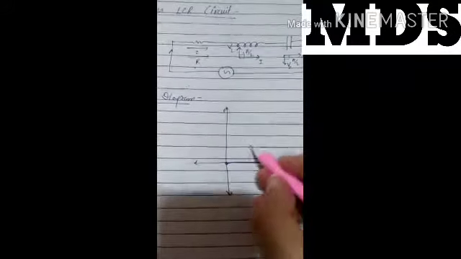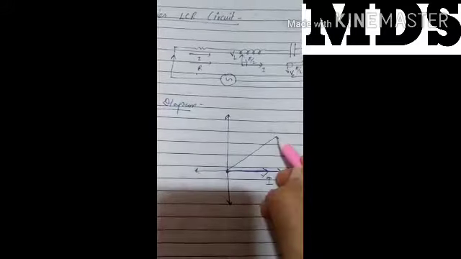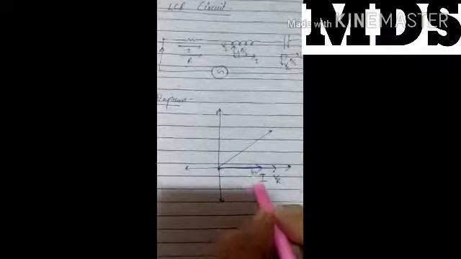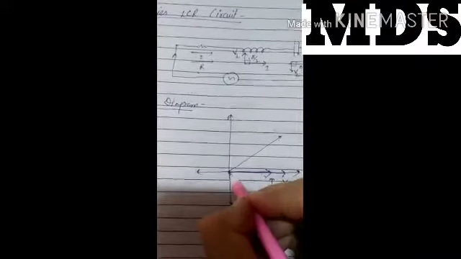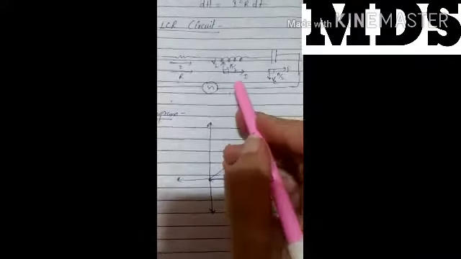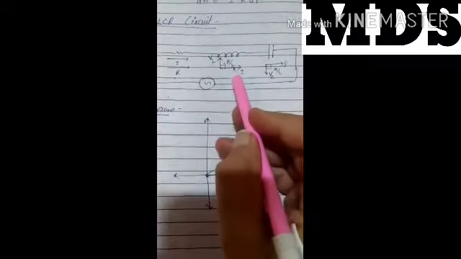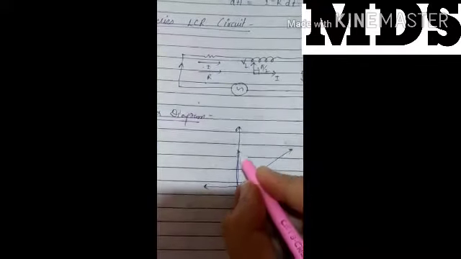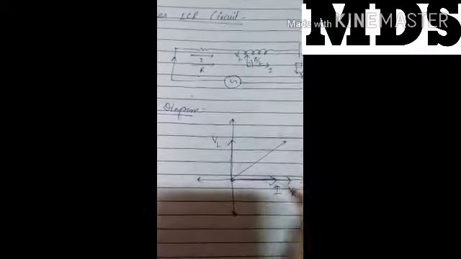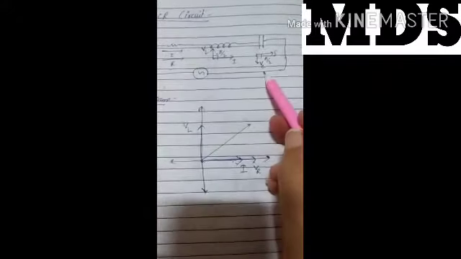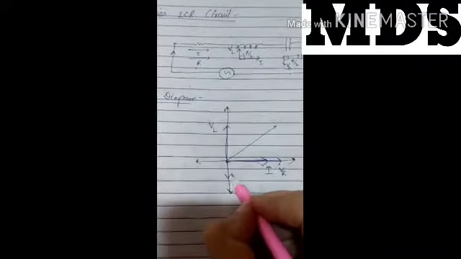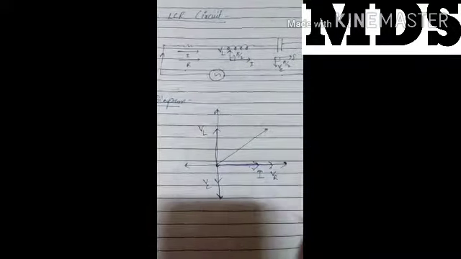Then for VL, the phase difference between the current and the inductor voltage is pi by 2. Here the voltage leads the current by pi by 2, so we indicate VL in that direction. For the capacitor, the current leads the voltage by pi by 2, so we indicate VC in that direction like this.